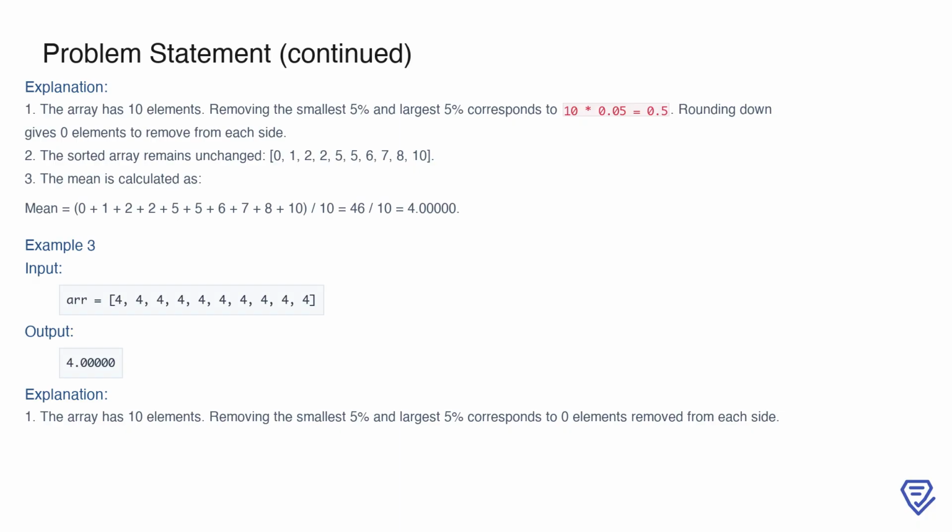After sorting the array, we have 0, 1, 2, 2, 5, 5, 6, 7, 8, 10. The mean is then calculated as the sum of all these numbers divided by 10. The total sum is 46, so dividing by 10 results in a mean of 4.00000. This demonstrates that even with a larger array, no removal occurs if the 5% calculation rounds down to 0.